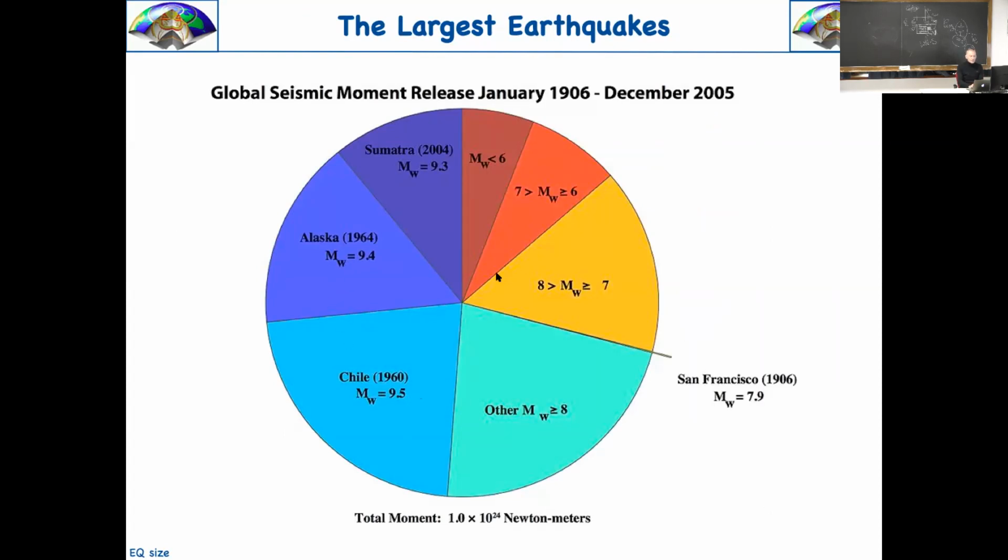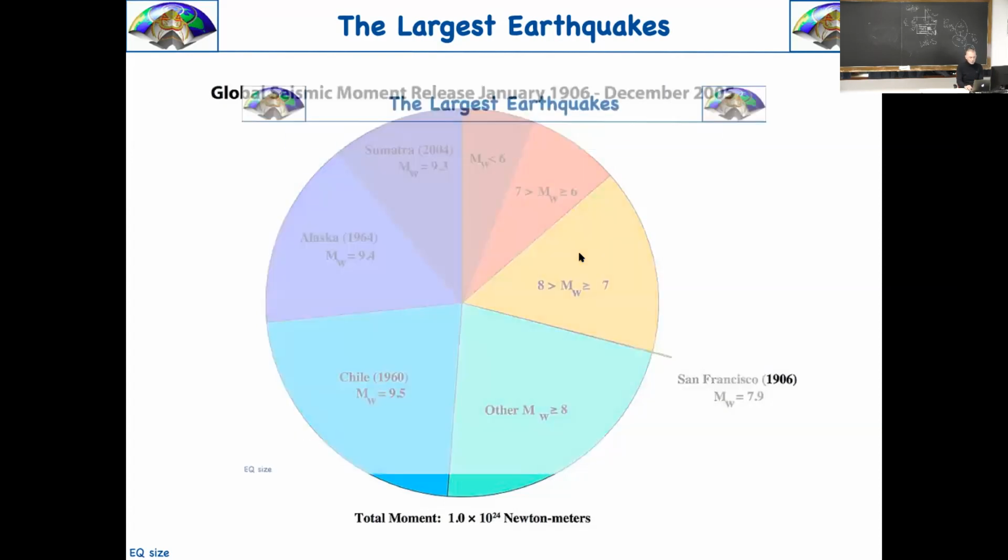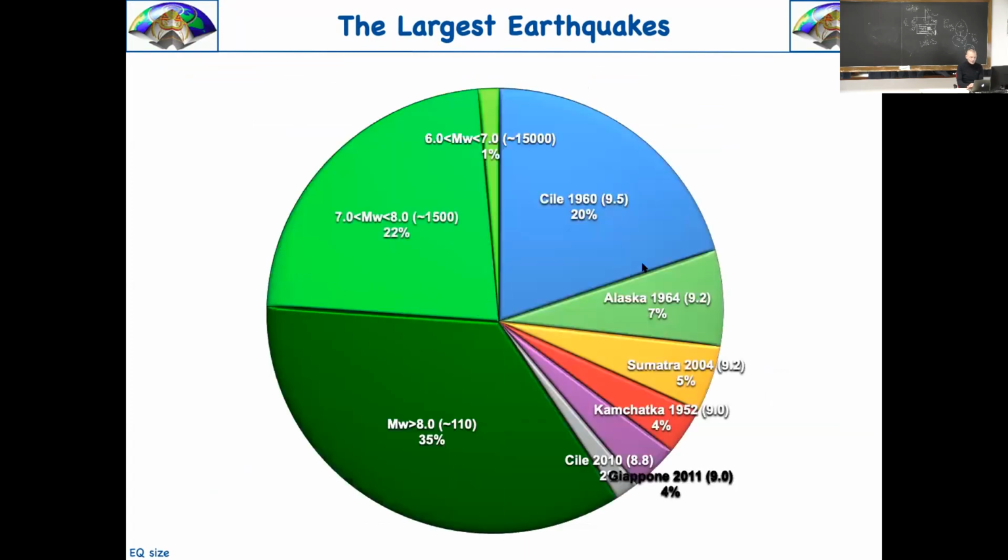And if you sum all the events with tinier magnitudes, the pie section is much smaller. I also tried to update this one, I hope it works, after the Japan event. Sorry, it's Italian, Japan. Sorry for the Italian there. But you see how impressive the slices of energy are when you write out the logarithmic behavior.